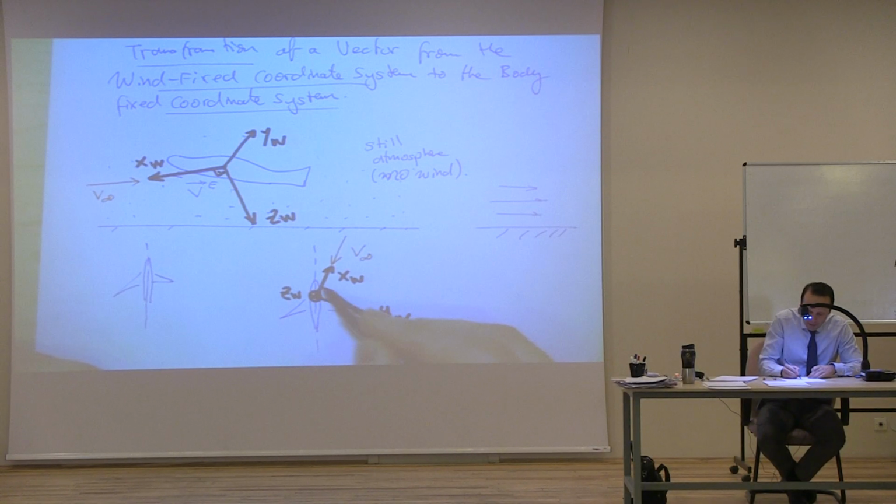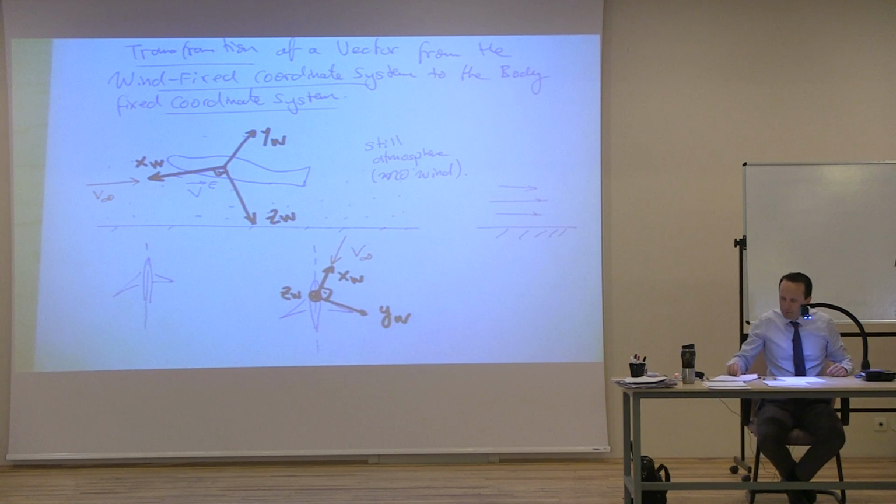You see, that would be 90 degrees, and Zw would be into the plane because V infinity is with an angle. So these are the options that we really have when we have V infinity like this. It would look like this.